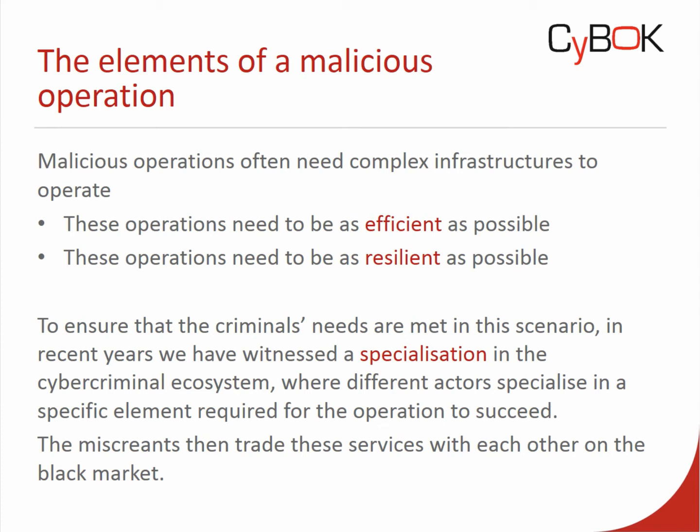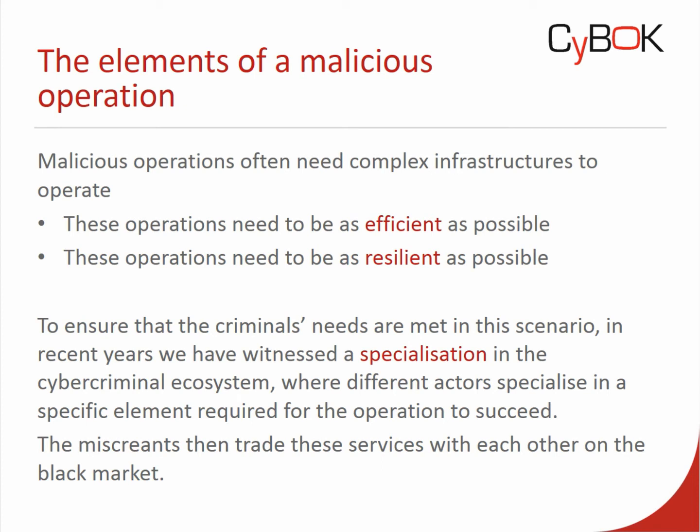If you remember the example I gave you at the beginning of this presentation, there was a criminal who infected the victim's computer through a drive-by download, and that's it. The only thing this person did was then renting that infection to someone else who actually knew how to monetize it. And these different criminals actually trade their services on black markets and underground forums and so on.